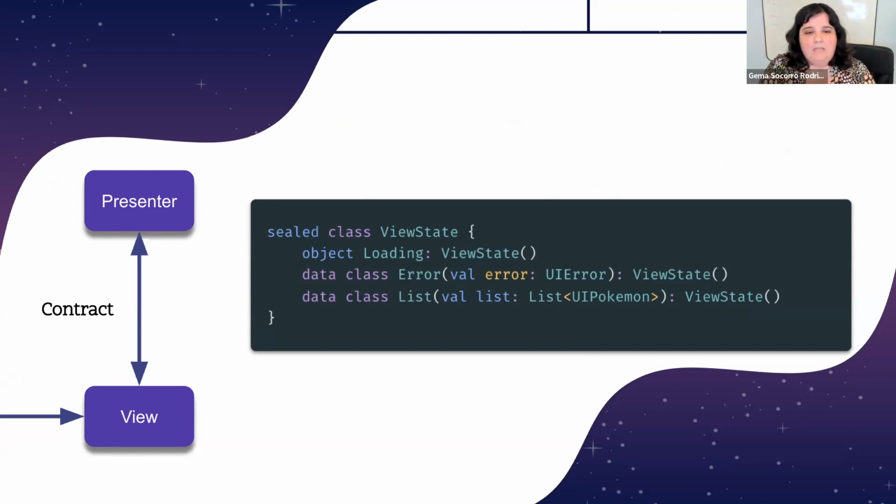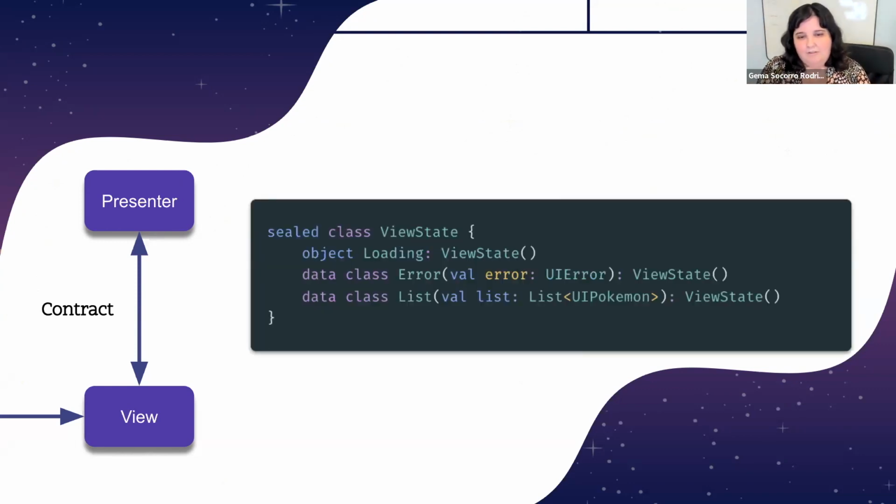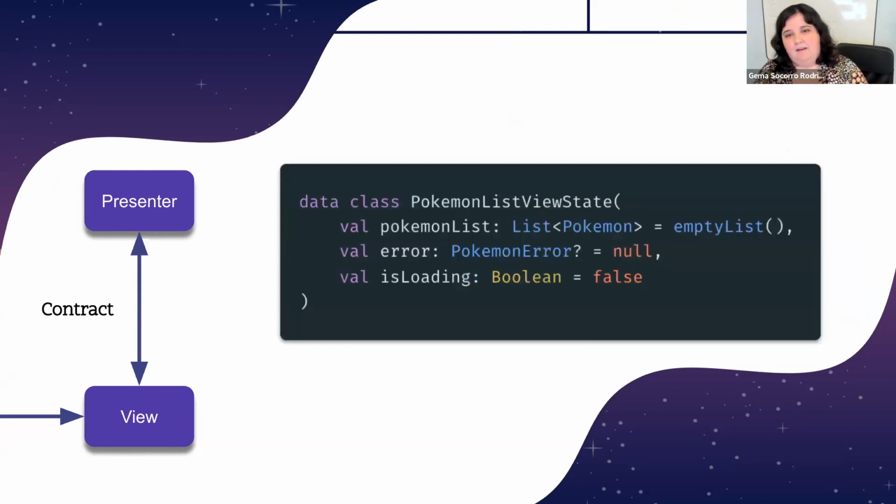For example, if I can have the list displayed at the same time that I can have an error, I cannot use this, because I could not have both view states at the same time. In that case, I should use this one. But if I can use this one, the logic to handle it and to update it and everything will be easier than updating a field in the data class.